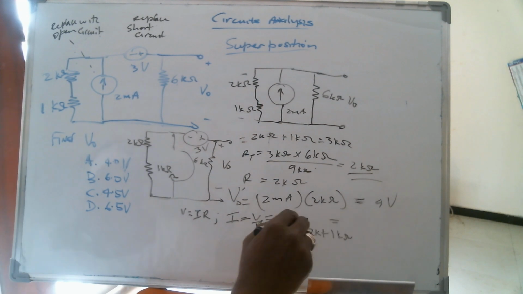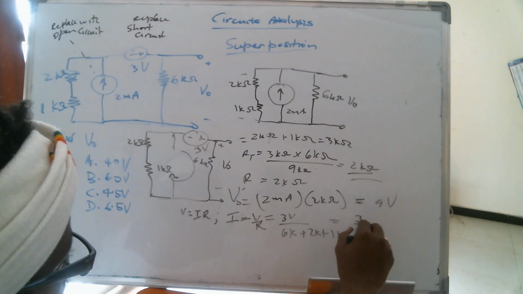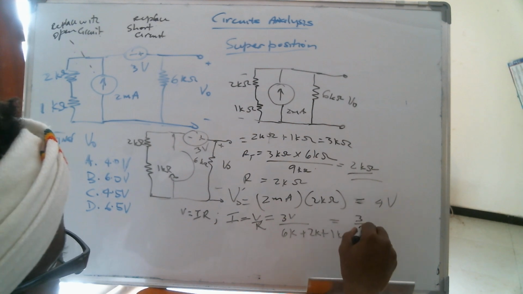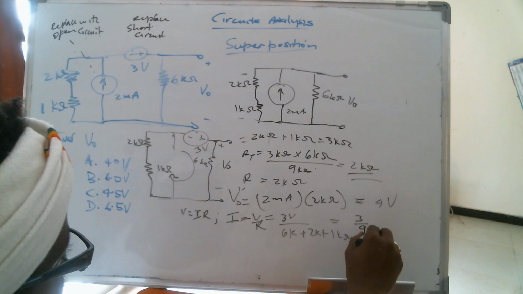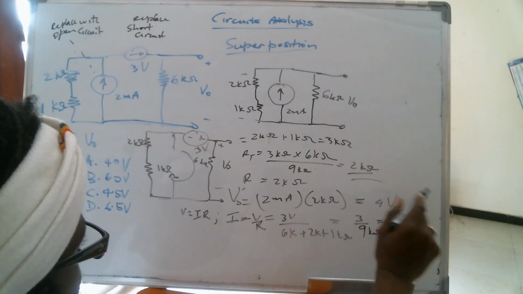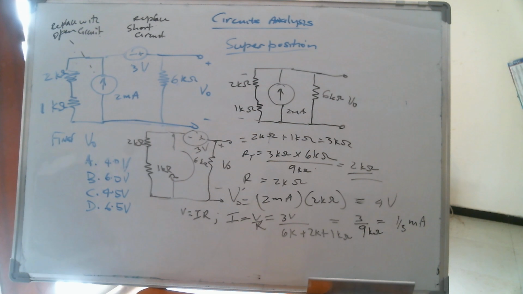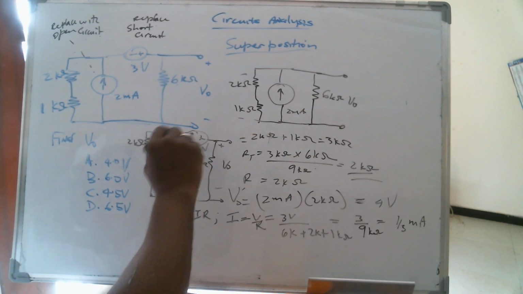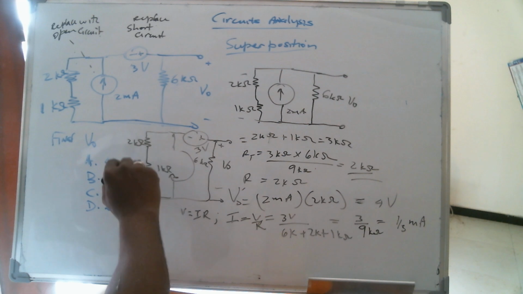That works out to be 3 over 9K, which is 1/3 milliamps. Correct? That 1/3 milliamp means that there's 1/3 milliamps flowing around in this circuit.